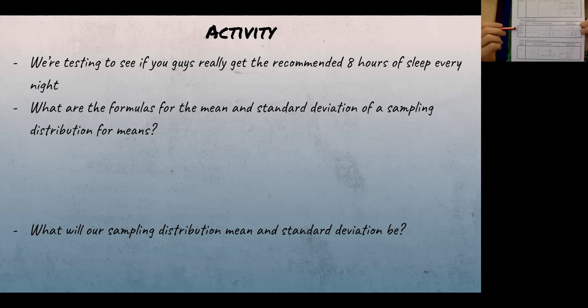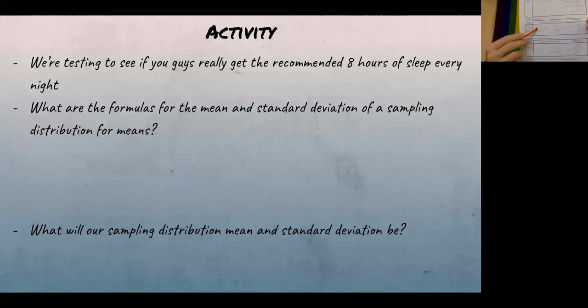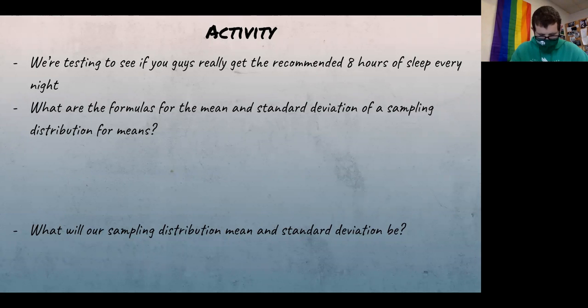And we're dealing with one mean, so we're going to be looking at these formulas right here. For the mean of means, what does that equal?